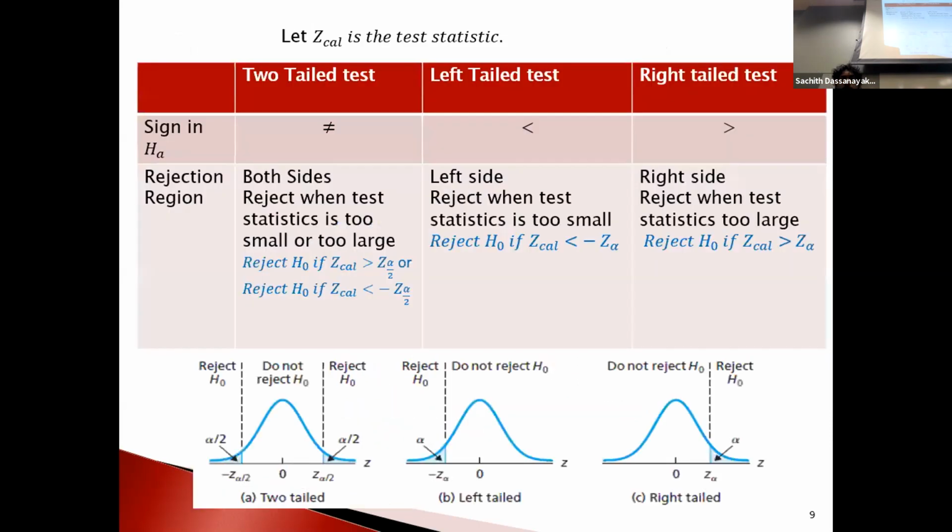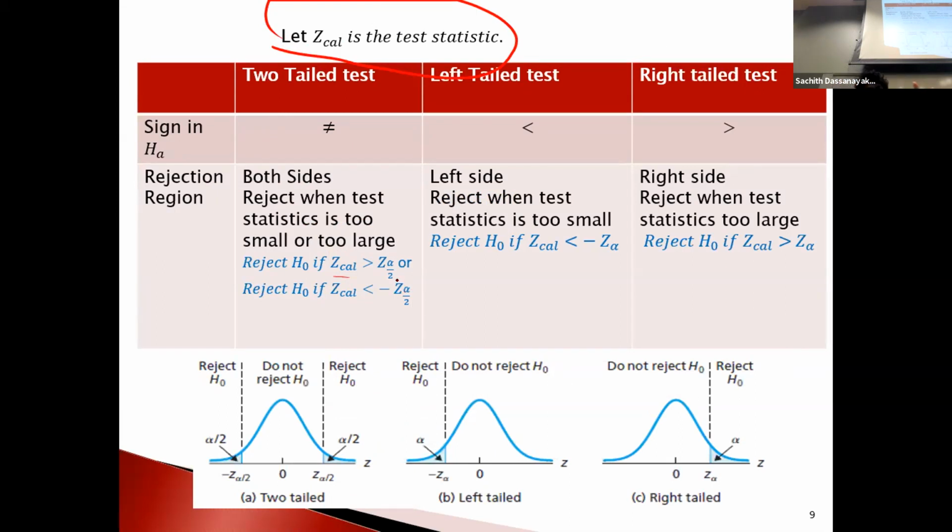Okay, this is the summary of what we were talking about. For a two-tail test, you reject your H naught if your C cal, which means your test statistic value, something you are going to calculate, is greater than C alpha over 2 or less than negative C alpha over 2.